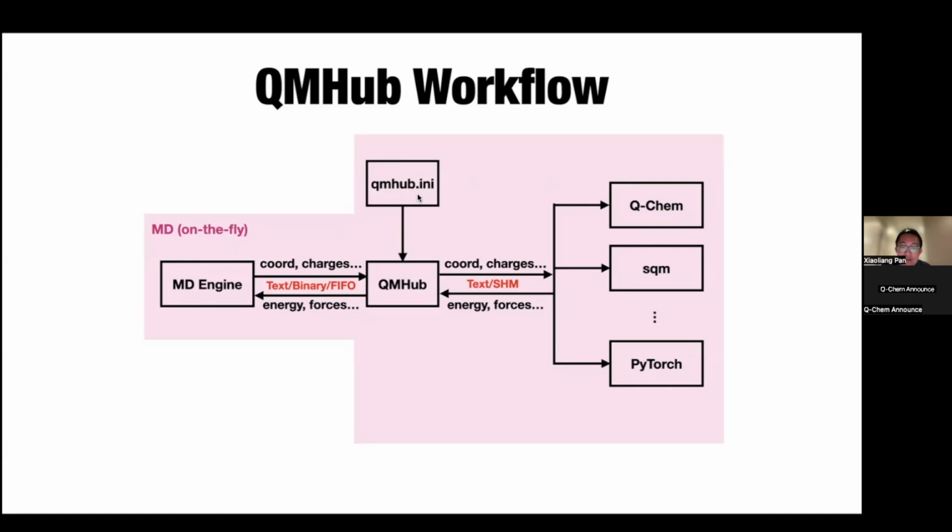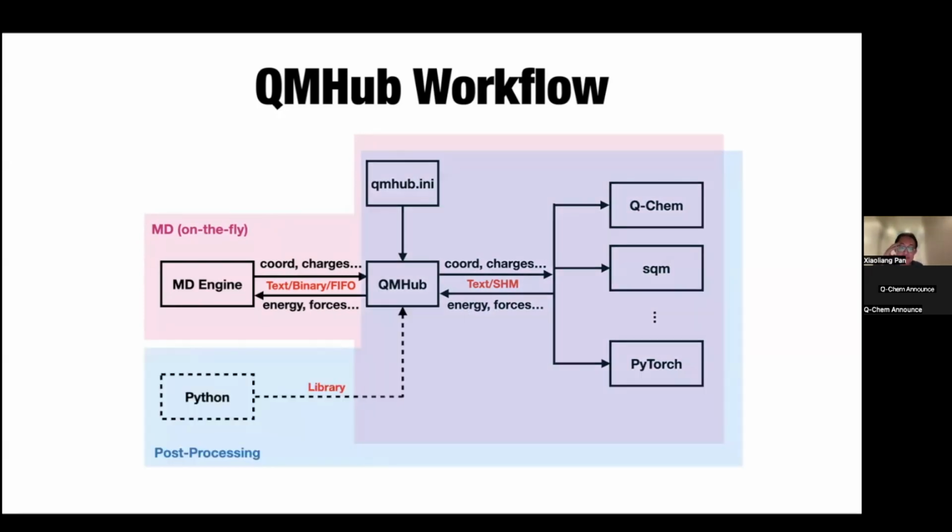Also, what kind of switching function or cutoff distance we need. Also, the specification of all the QM packages is included here. So we don't need to manually prepare any QChem input. So this is the on-the-fly workflow.